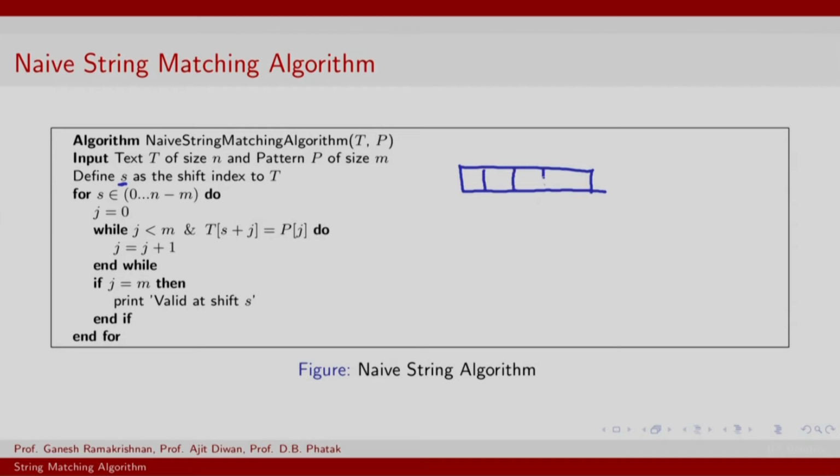So the shift index S is what you preserve into the text T. The pattern P at this instance of time will be scanned starting from this position S. So for S ranging from 0 to n minus m, and we are interested in matching the entire pattern, so S will be restricted to the number of positions in the text T minus the number of positions in the pattern P.